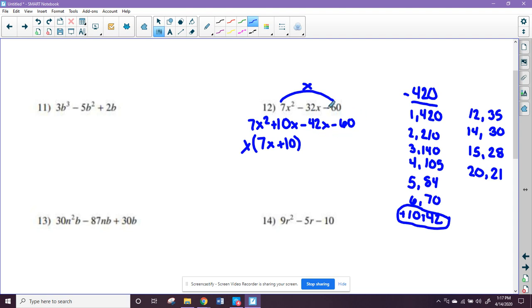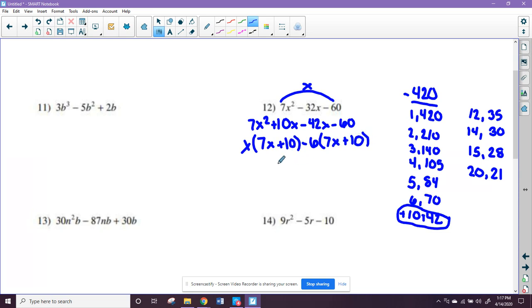Now we need to find the greatest common factor between negative 42x minus 60. What's the largest number we can take out of both of these two terms? We can take out negative 6. We factor out negative 6, and get 7x plus 10. Do our two parentheses match up?